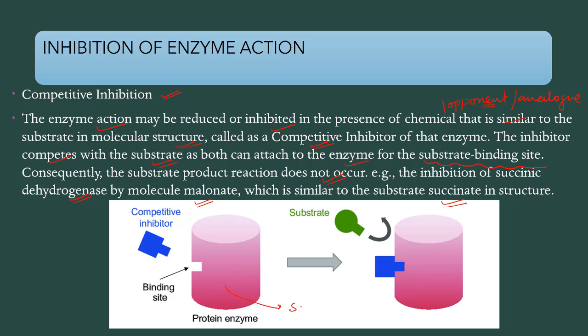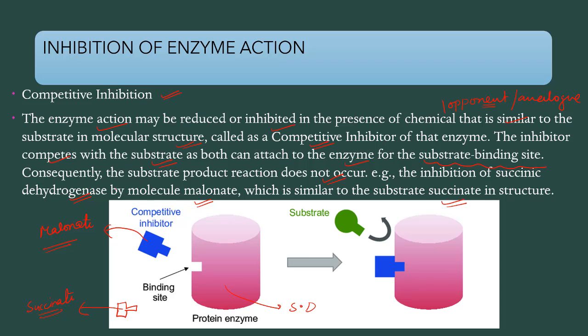Suppose this is succinic dehydrogenase. This site is for attachment of succinate. If malonate comes as an inhibitor, this is known as a competitive inhibitor. Understood?